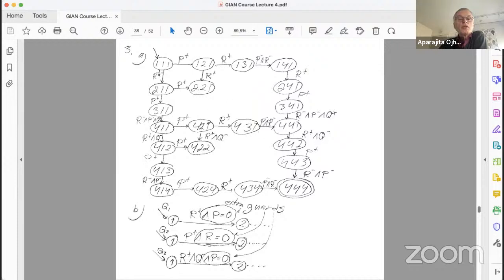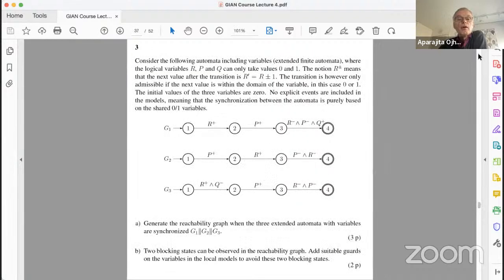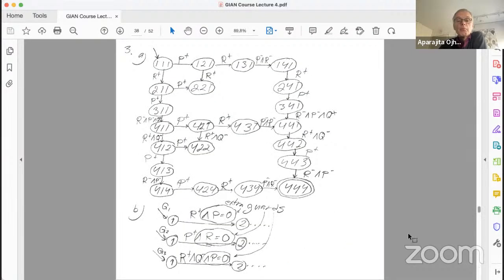So what do we see here? It's actually the states of the three automata. Let me see if that's correct. Yeah, because here you have in the end 4, 4, 4, which means that all three EFAs have reached their final state.